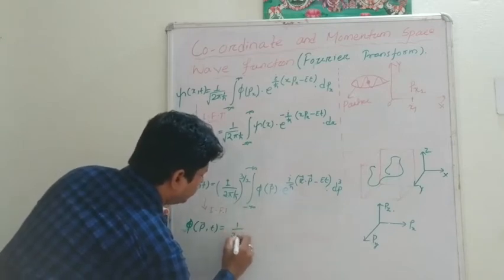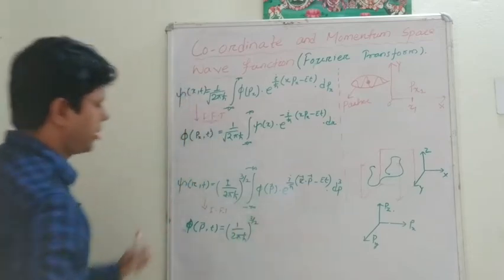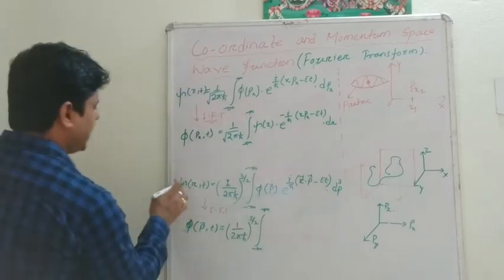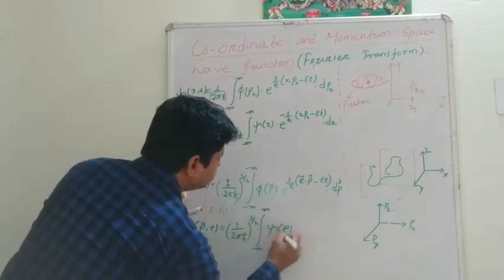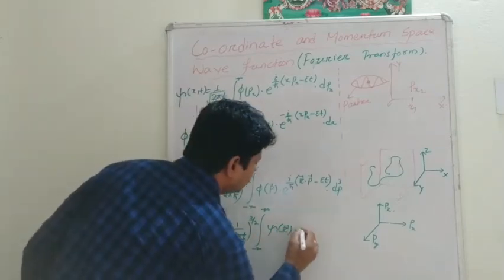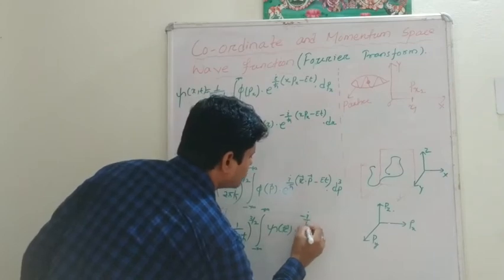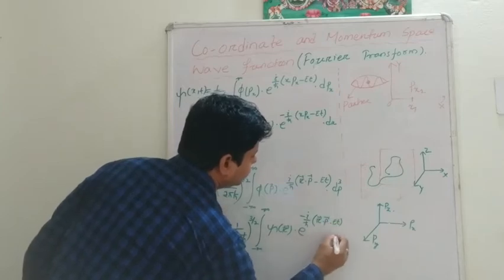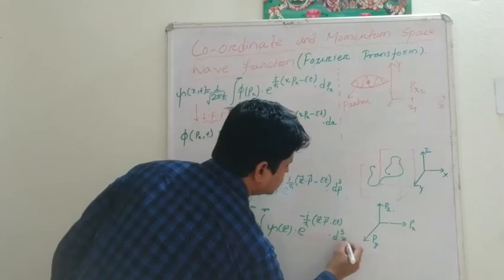phi p t will be equal to 1 by (2 pi h cross) to the power 3 by 2, integral from minus infinity to infinity, psi r will come over here, into e to the power minus i by h cross, r dot p, dt into dqx.